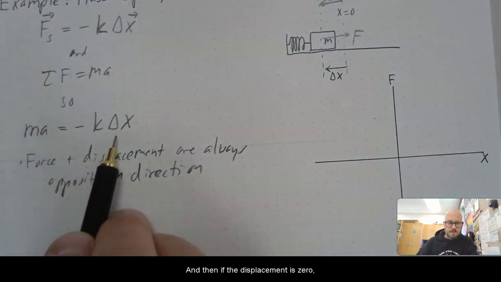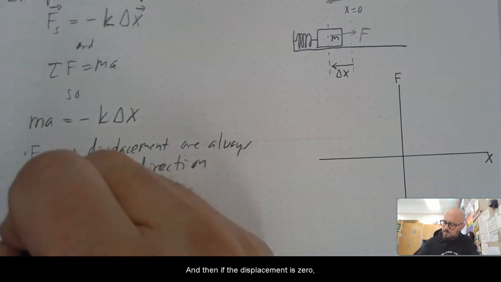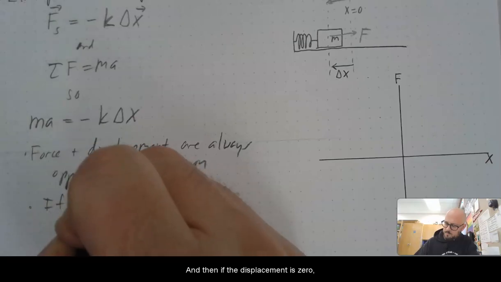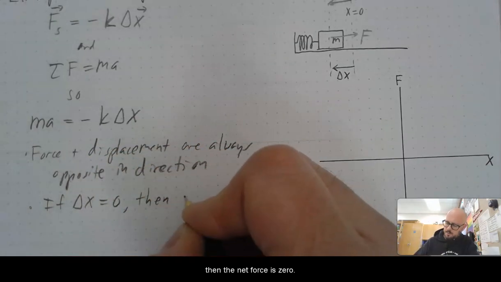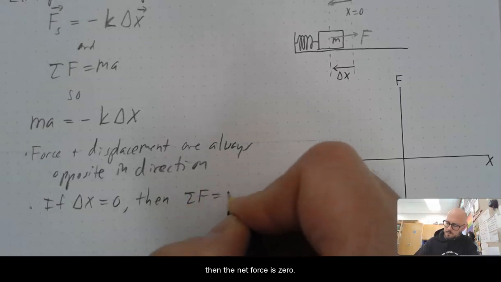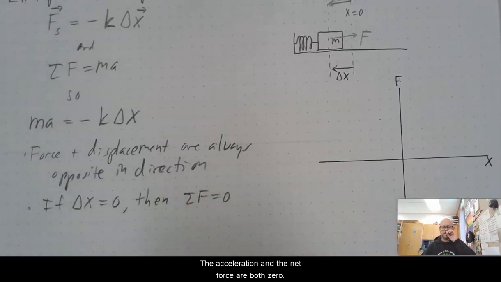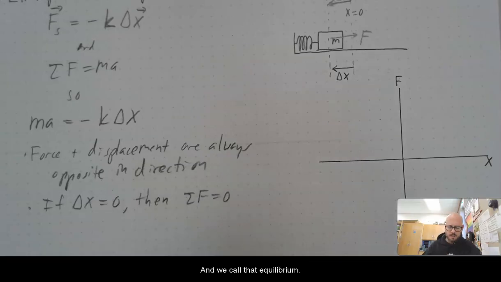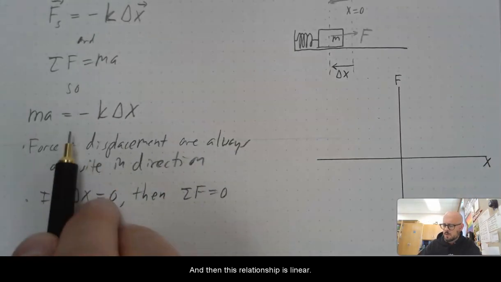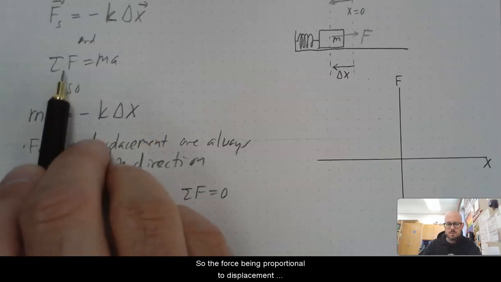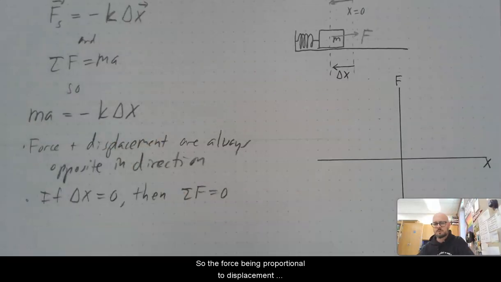And then if the displacement is 0, then the net force is 0. The acceleration and the net force are both 0, and we call that equilibrium. And then this relationship is linear. So the force being proportional to displacement, but opposite in direction.